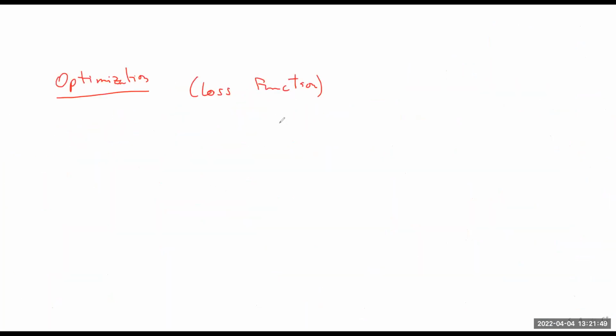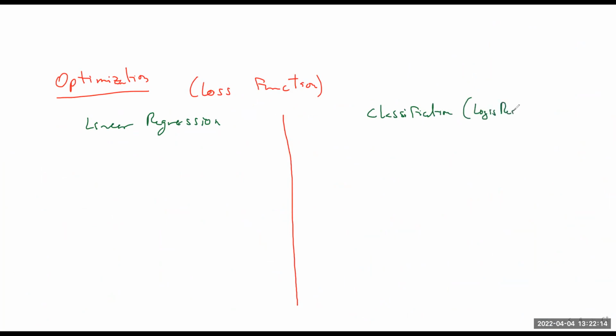So we have basically 2 camps. For linear regression, these are usually just referred to as regression problems. And then we have classification, which would be logistic regression, multi-layer perceptron, deep learning.